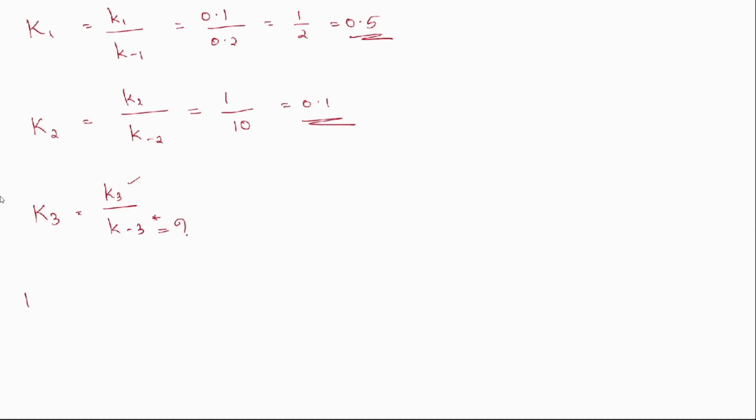Okay, fine. So, for a cyclic reversible system in equilibrium, the product of all the equilibrium constants will be equal to 1.